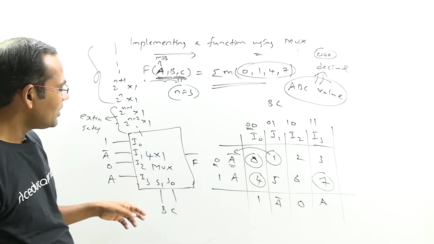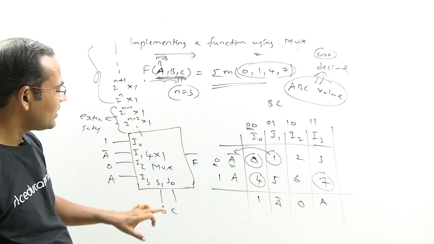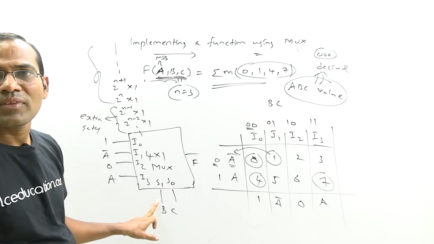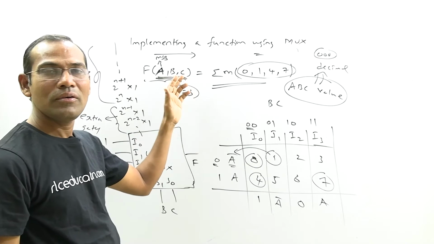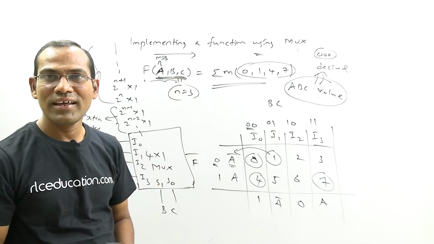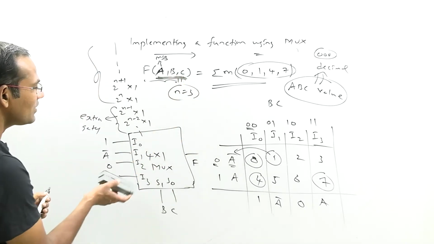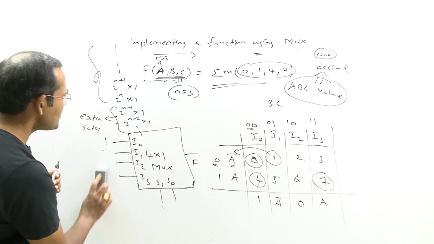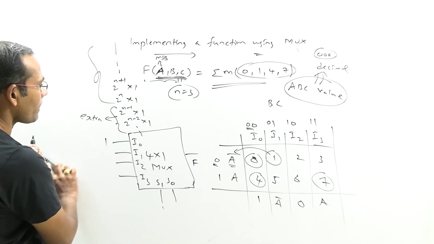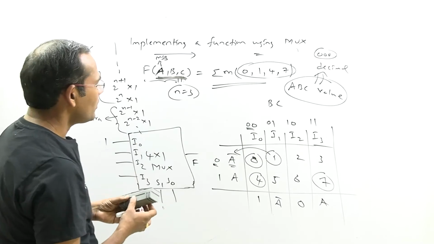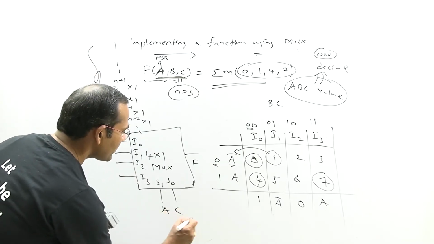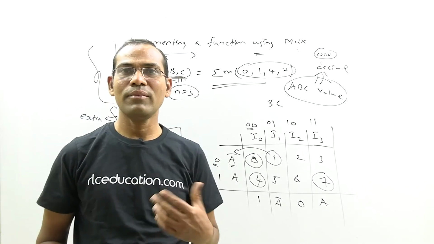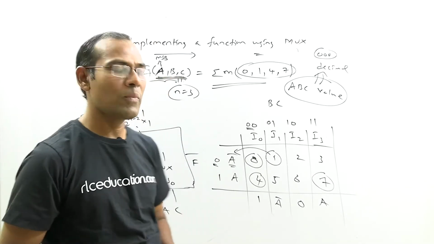Here I have selected BC for selection. No need to take BC, you can take AC or AB, it doesn't matter. Now I will explain that point also. Suppose I am applying AC for selection.